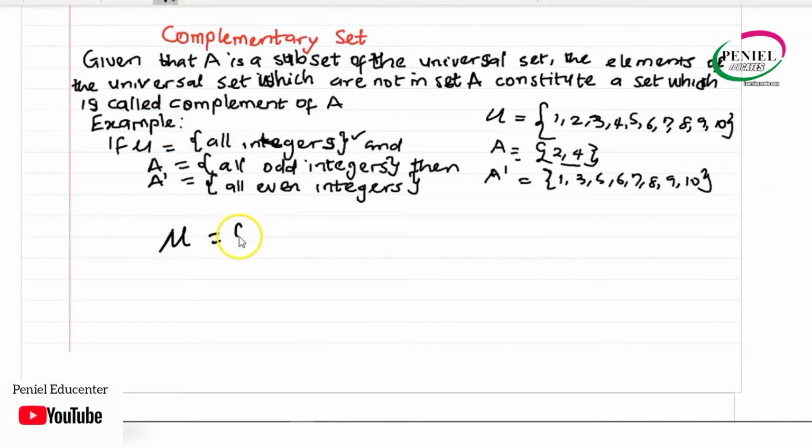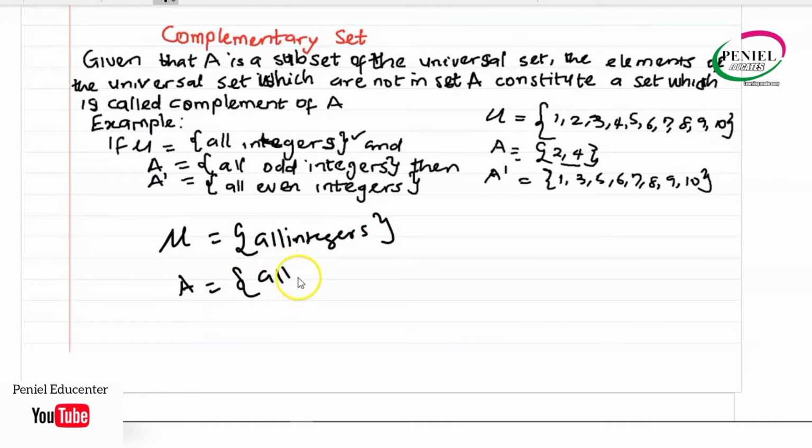Okay, so now take for example, we have a universal set of all integers, and we say that A is all odd integers. So it means the rest that is remaining.